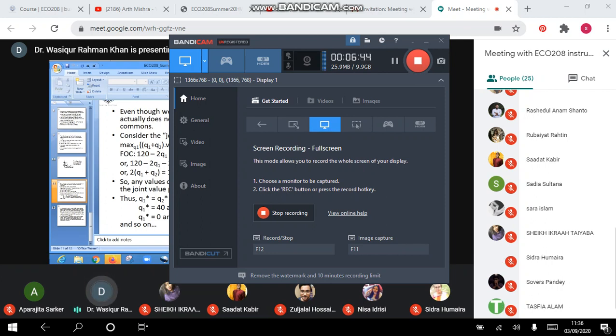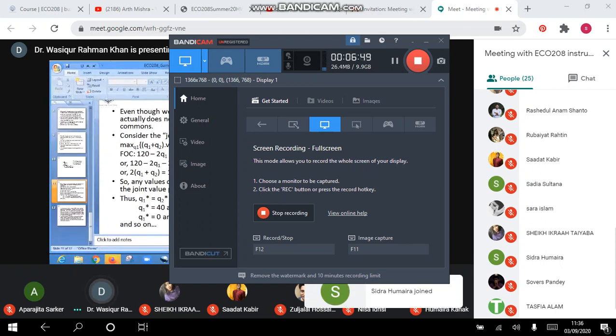A result ta mone rakhba. Now, instead of calculating the optimal best responses separately, what did we do in the previous slide? We maximized each herder's payoff function separately, right?